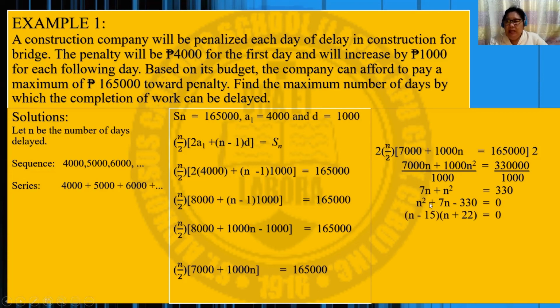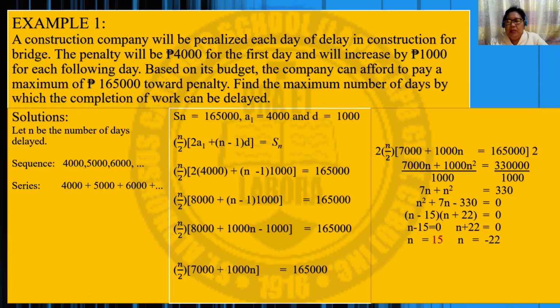You can factor n squared plus 7n minus 330 into n minus 15 times n plus 22. Equate to 0. And then solve for n, equate each factor to 0. So n minus 15 equals 0 and n plus 22 equals 0.